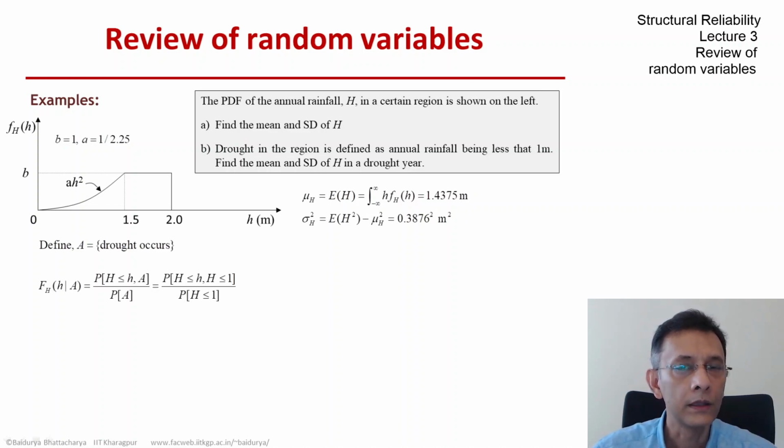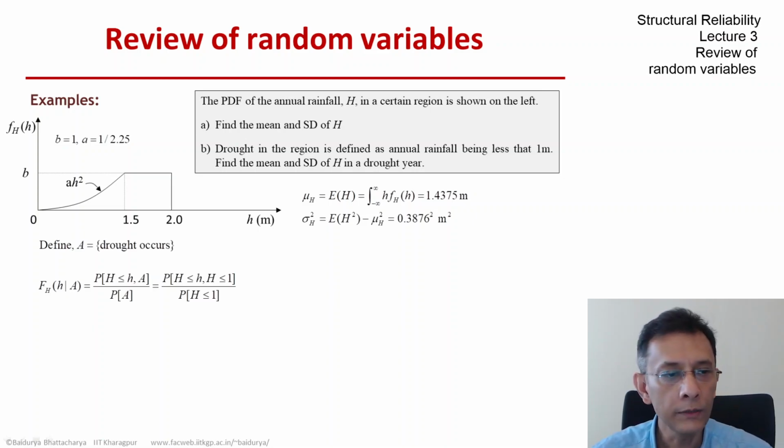So the conditional distribution function is P of, in the numerator we have P of capital H less than or equal to H and A divided by P of A. And now we bring in what is the event A itself, so that's H is less than or equal to 1.